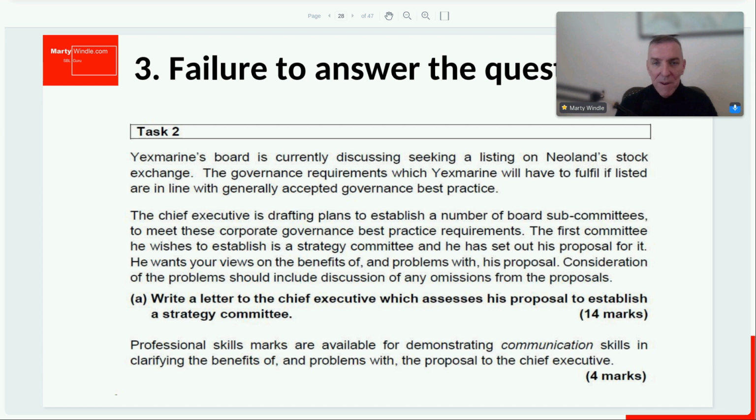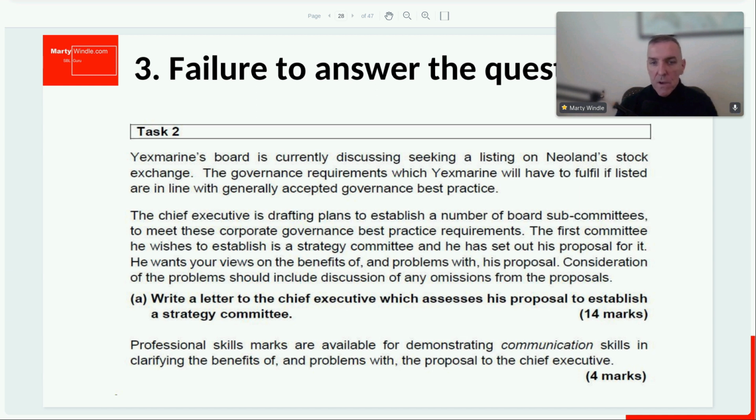Anybody want to guess how many requirements we're looking for in this question? Dominic's going for 4 again. Anybody else want to go? Dominic's saying 4, Anne-Marie's saying 4.